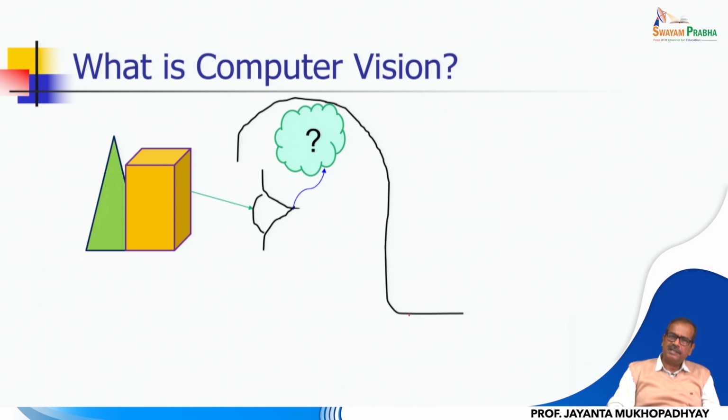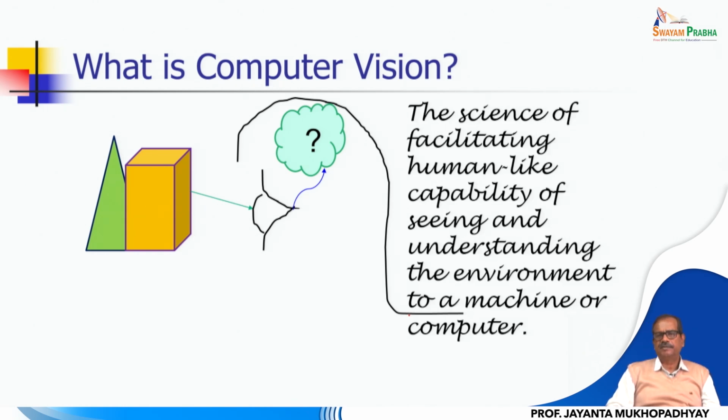So the objective of computer vision is also something like that, but the facility is to be provided to the machine. So this is the science of facilitating the human-like capability of seeing and understanding the environment to a machine or computer. This definition is taken from the British Machine Vision Association. This is a website, and you can also go and get this definition.